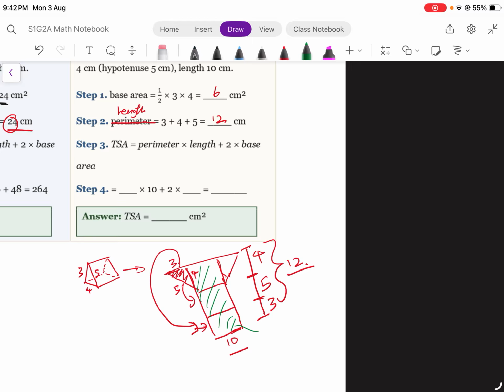So we get 12 times 10, plus base area times 2, 120 plus 24, 144.